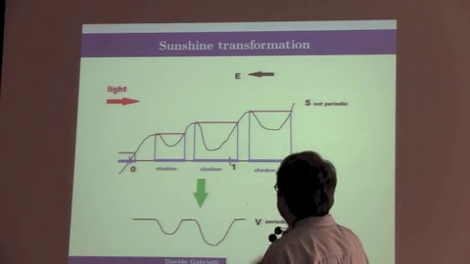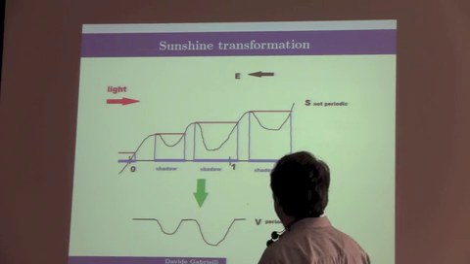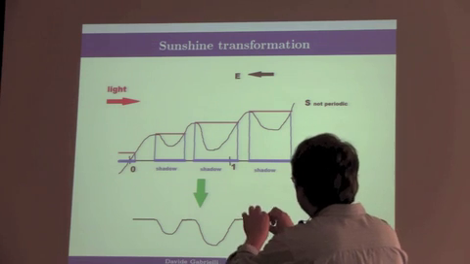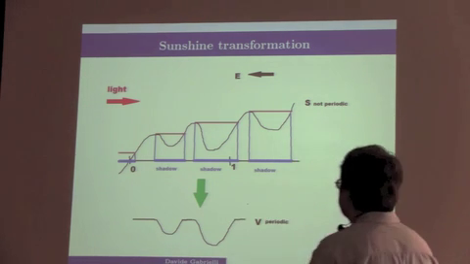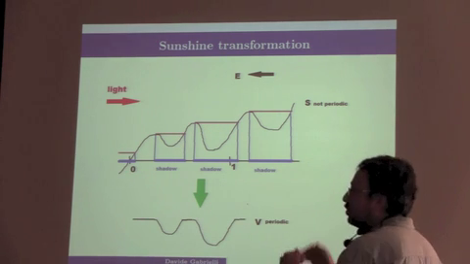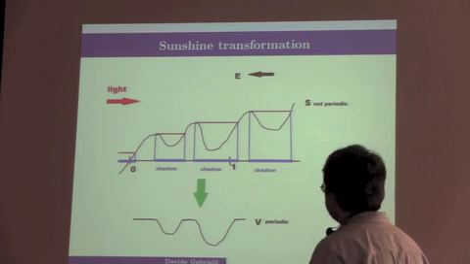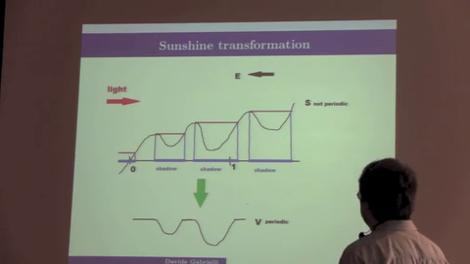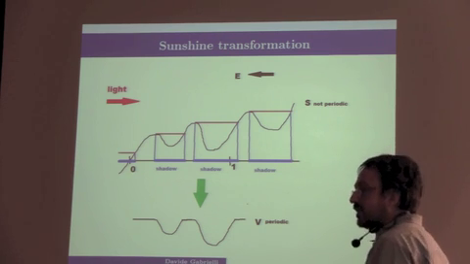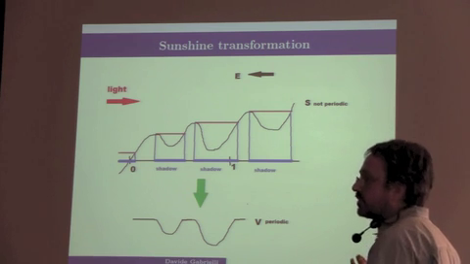The parts that are in the shadow you keep intact, as they are, and in the parts where there is light, you put instead a flat, constant part, and then you glue everything together in such a way as to have a continuous function. The function that you get, V, is a periodic function of period 1.